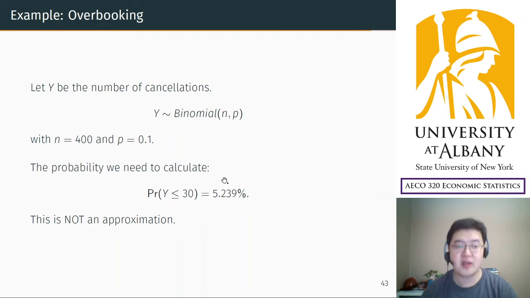The first way to calculate that probability is to use the binomial distribution. As before, we define y as the number of cancellations.